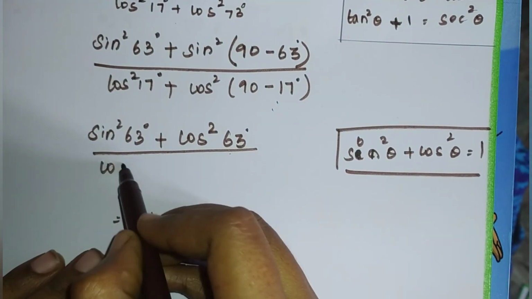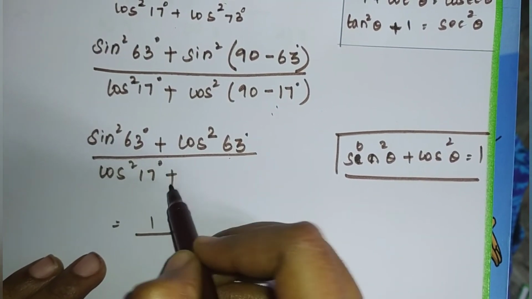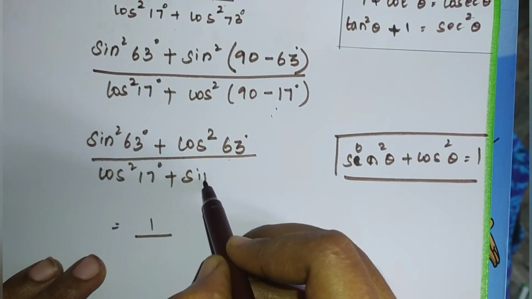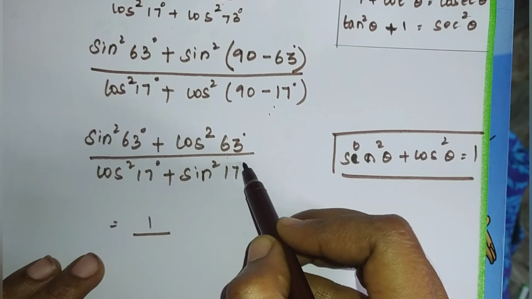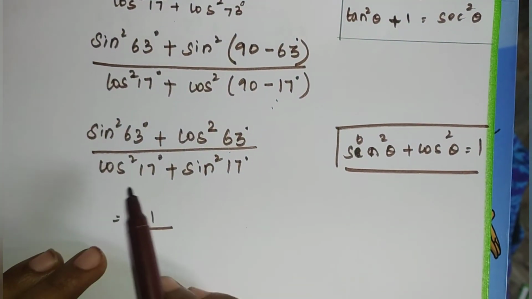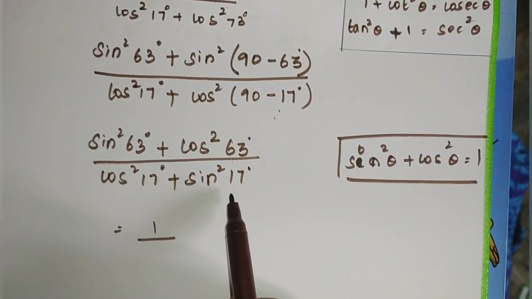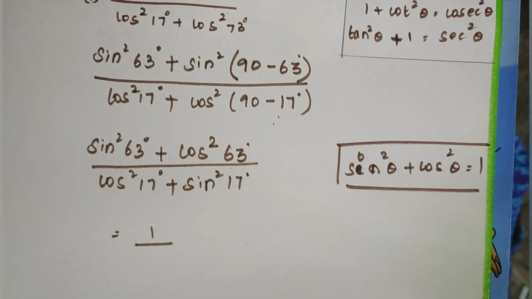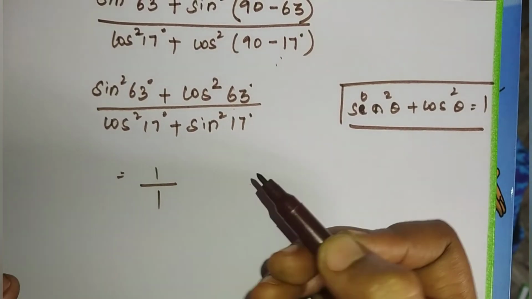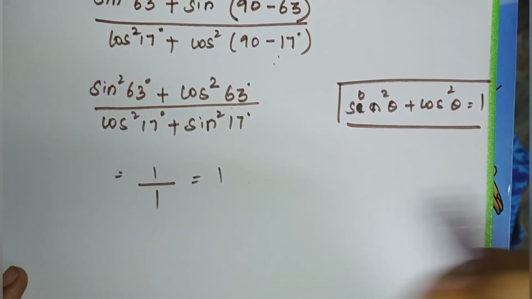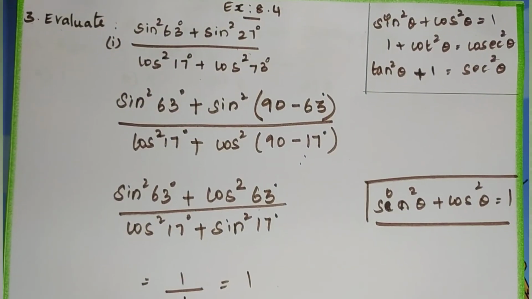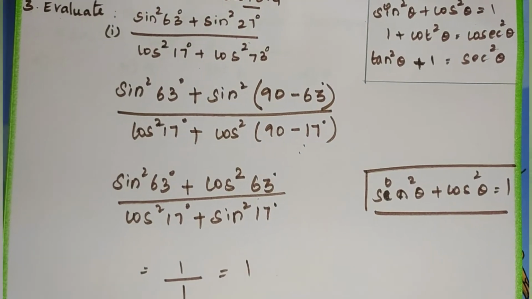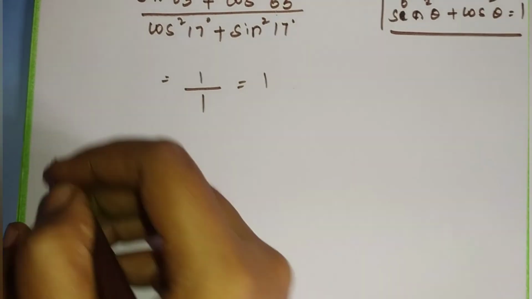Keep the first one as it is, and then cos and 90 merge together and we will get sine square 17 degree. So cos square theta plus sine square theta is equal to the same value, 1. So 1 divided by 1 is 1. Clear all of you? This is how we change by the complementary angle.